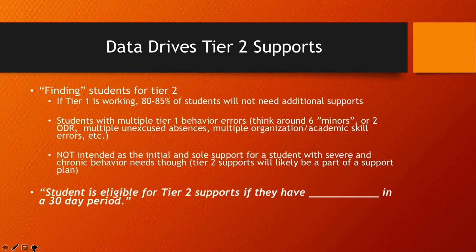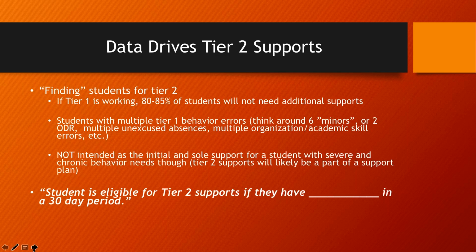So that 80–85% is really that thing that we're looking for to determine how robust, how healthy our universal system is. What we're concerned about is that 20% of students that are needing something more, right? And when we start seeing those students, how early do we want to intervene? How early do we want to scoop them up and plug them into support systems?